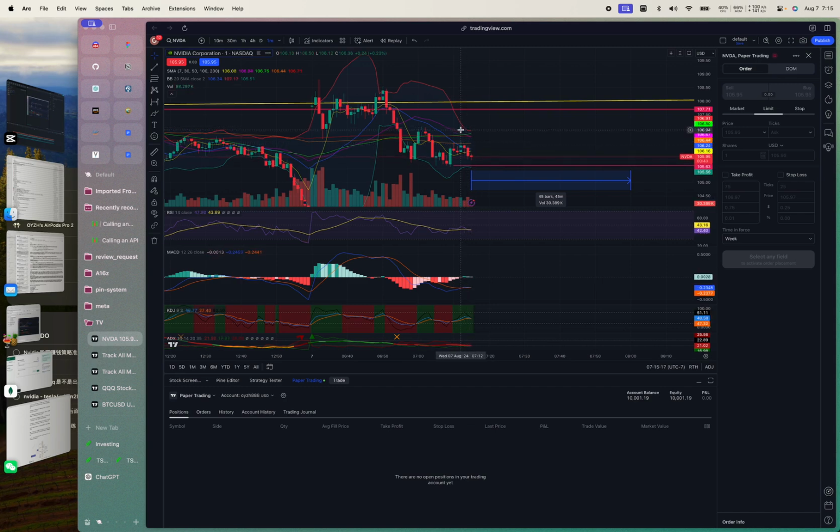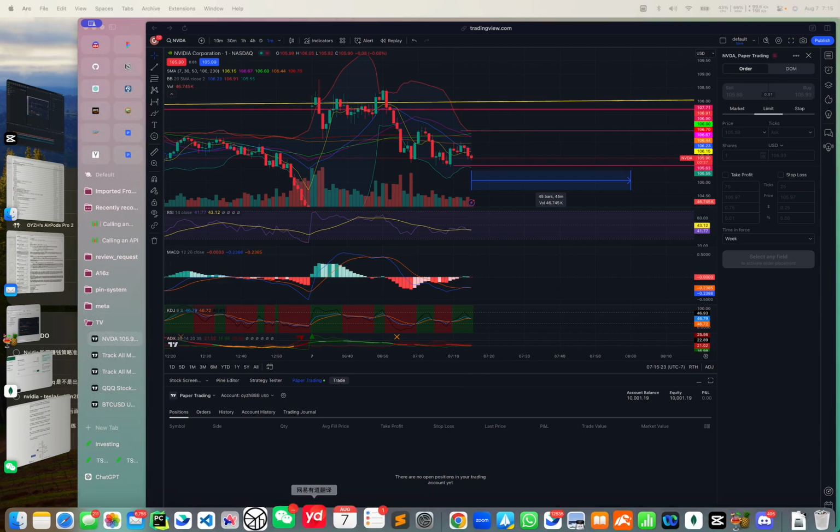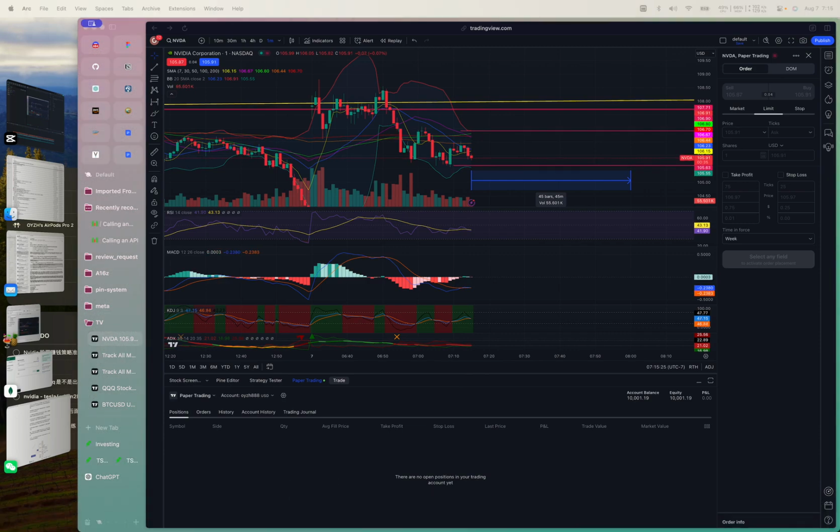I think the opportunity here is even harder. The reason is it's not in a determined trend. It's in a fluctuation period, like for NVIDIA. Before it jumps out of the fluctuation period, I don't think I can do anything.